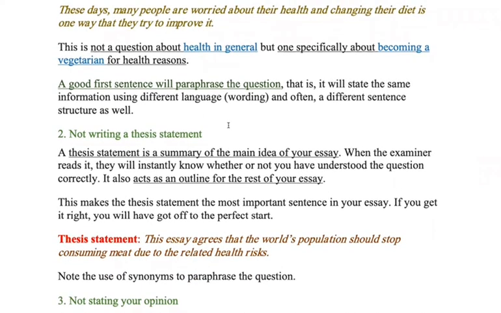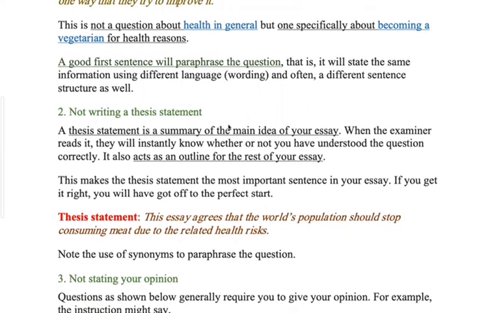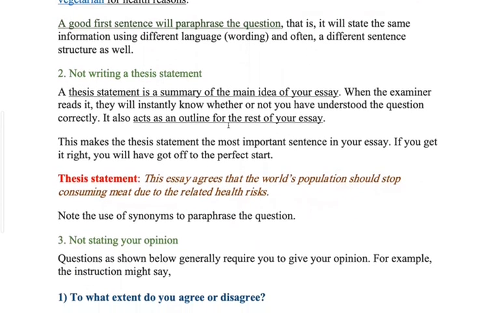Here it says, this essay agrees that the world's population should stop consuming meat due to the related health risks. Okay, so eating meat, maybe going to extremes of eating meat, might lead to health risks. So here it is so specific, and that's what you are going to discuss or analyze in your next paragraphs, especially in body 1 and body 2 paragraphs.